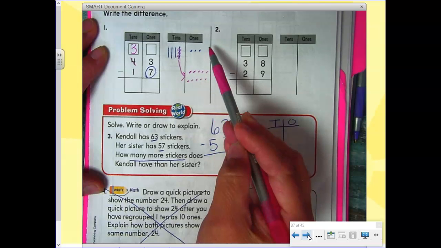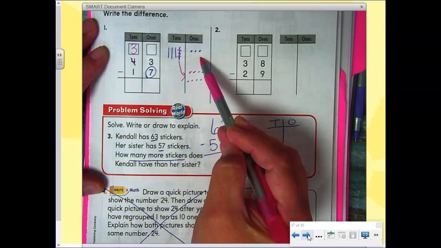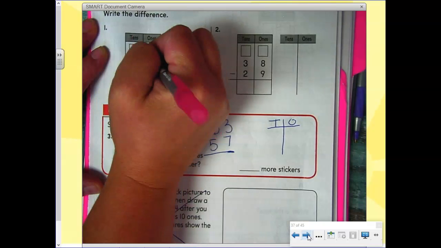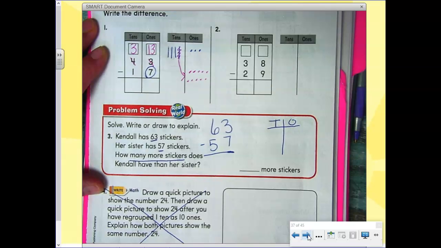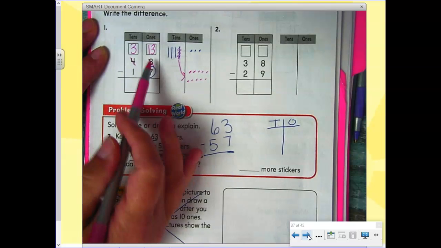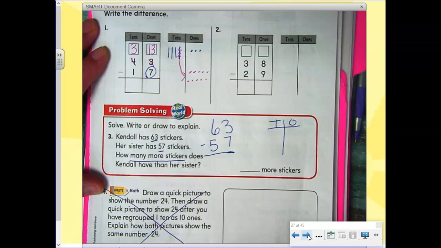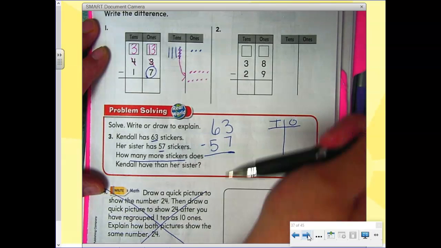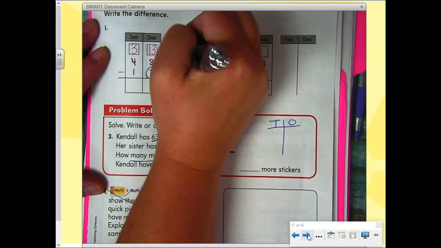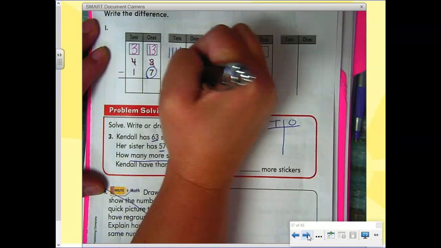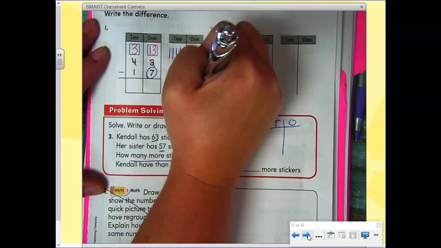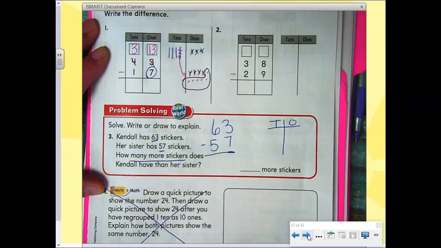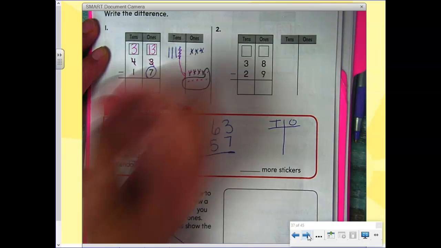So 10 plus 3, I now have 13. Now I can subtract. 13 minus 7. 1, 2, 3, 4, 5, 6, 7. And when I count, I have 6 left.